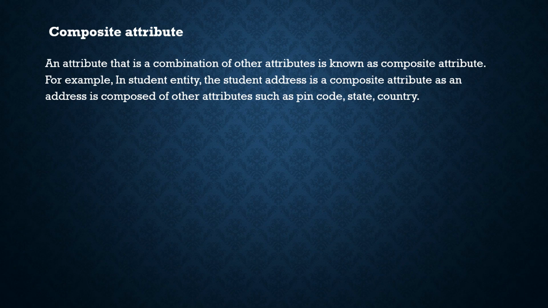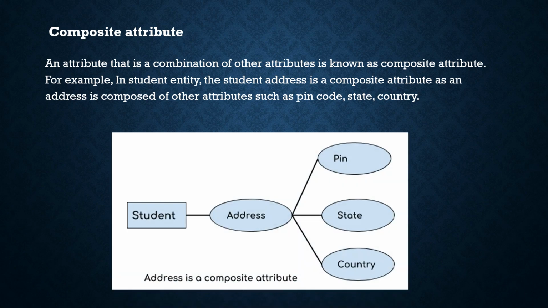And here is another ER diagram. Student is related to address, meaning one of the student's attributes is address, and this address consists of 3 other attributes: pin, state and country. These are about composite attribute.